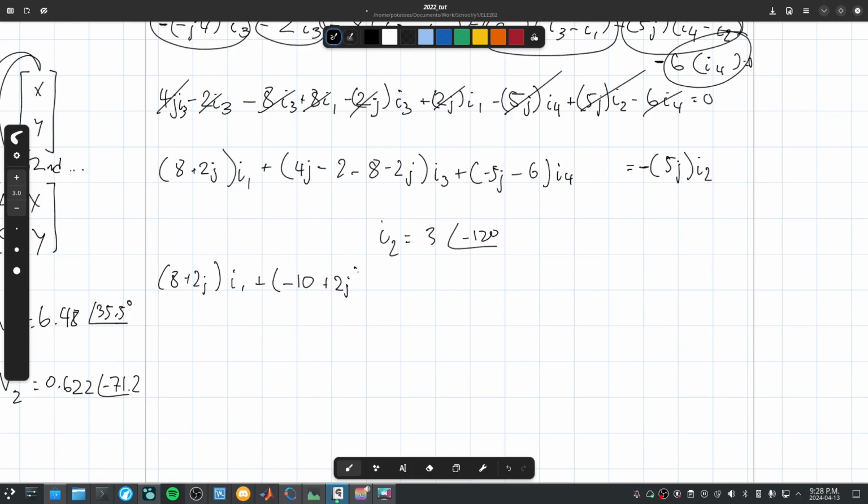Plus 2j, I3, plus negative 6 minus 5j, I4, is equal to negative 5j times 3 with a phasor of negative 120.